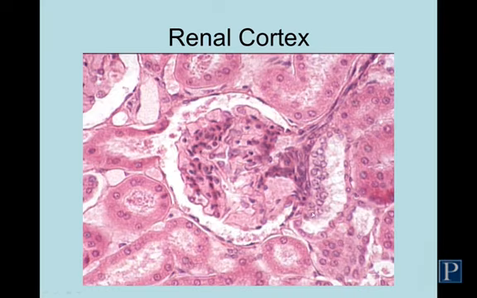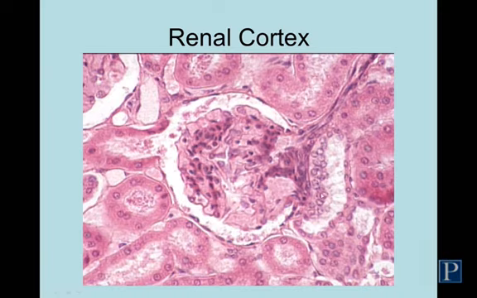Notice on the portion of the distal convoluted tubule that's closest to the renal corpuscle, which is this portion right here, the wall looks a little bit different than the wall over here. More specifically, these cells are more columnar in appearance, so the epithelium appears much thicker.